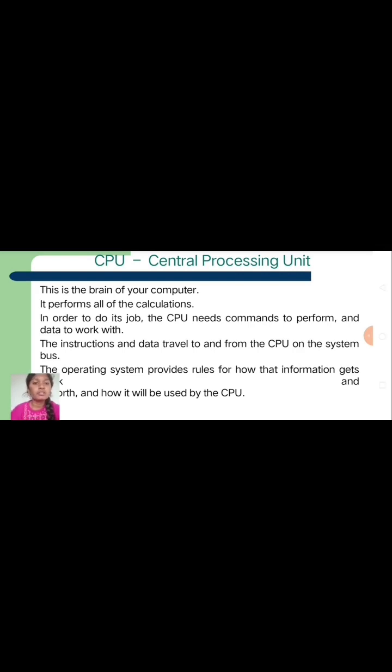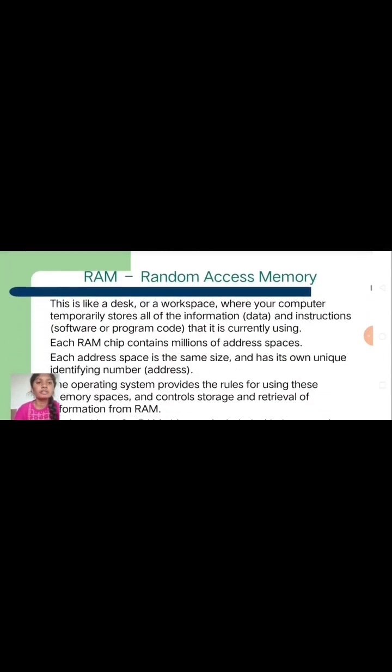The instructions and data travel to and from the CPU on the system bus. The operating system provides rules for how that information gets back and forth and how it will be used by the CPU.